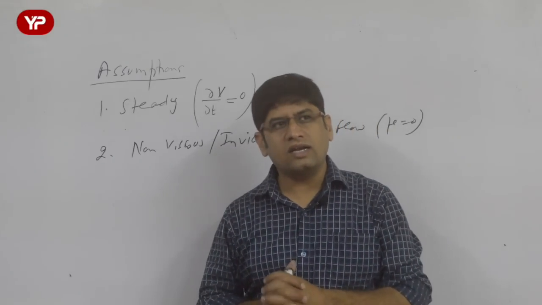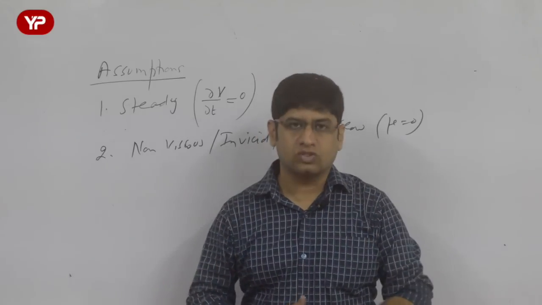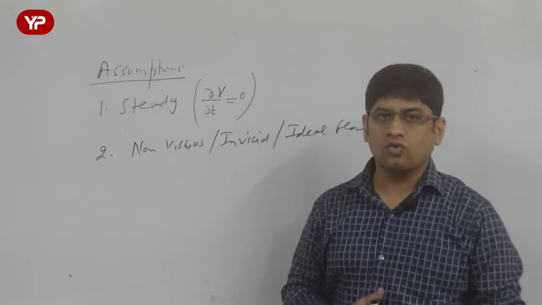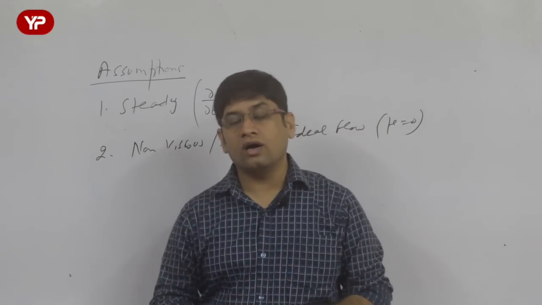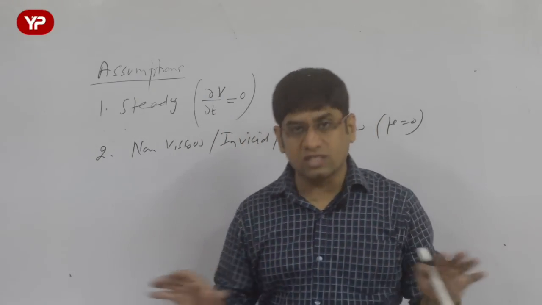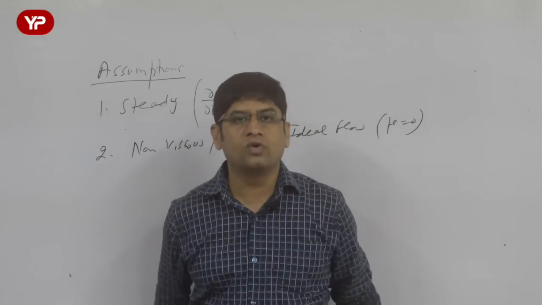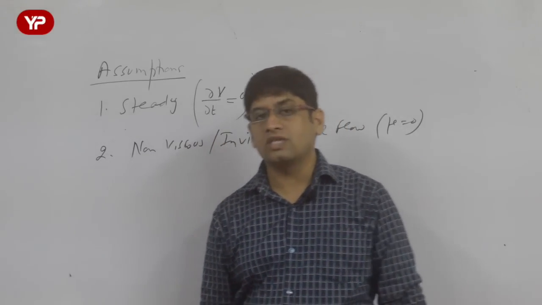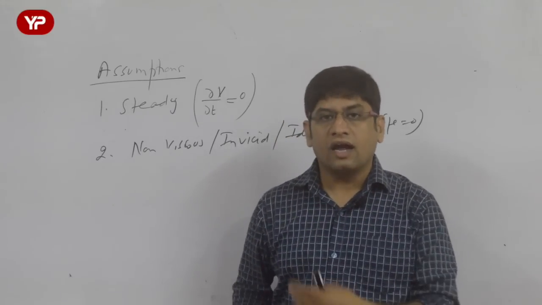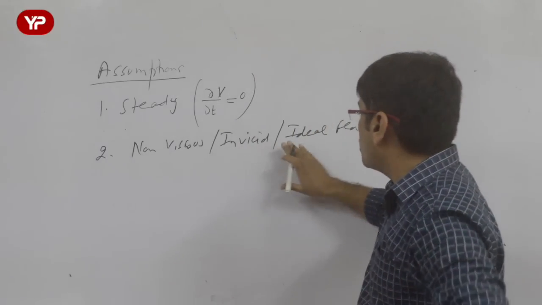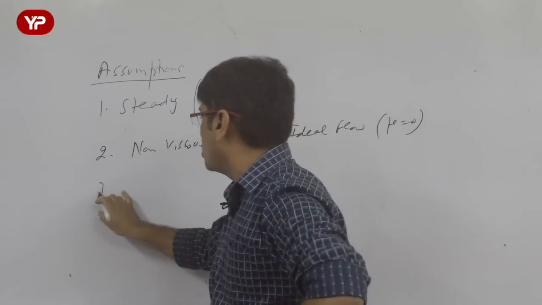We know that entire fluid friction is because of viscosity. So when I assume that there is no viscosity, there is no friction also, and this analysis becomes oversimplified. Whatever analysis you are doing in Bernoulli equation or Euler equation, you are assuming that the flow has no friction or viscosity, and hence the analysis becomes oversimplified. So non-viscous or inviscid is the second assumption.